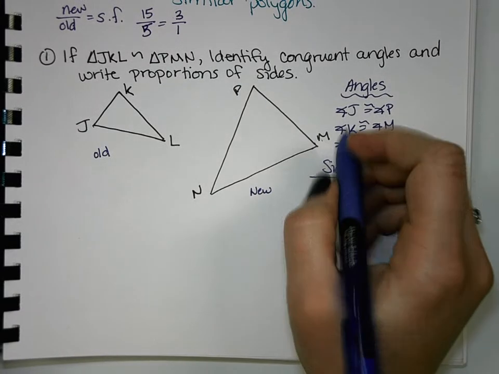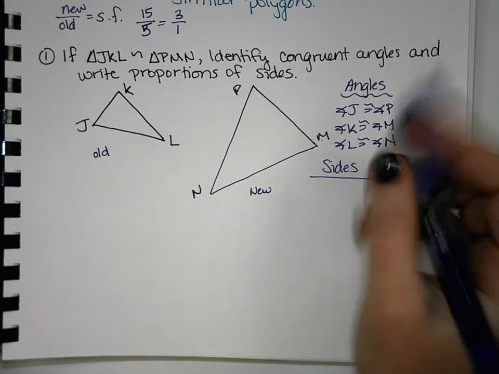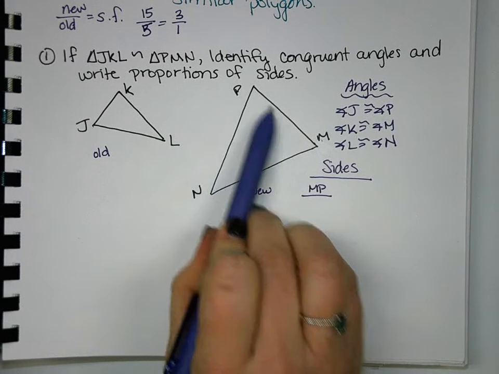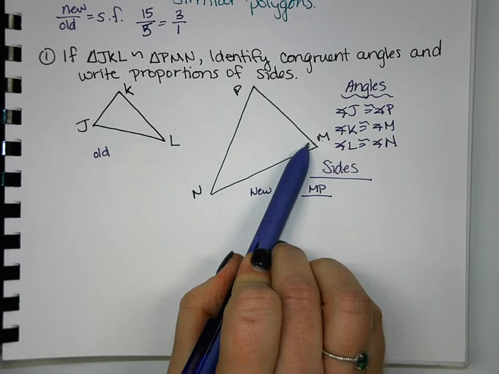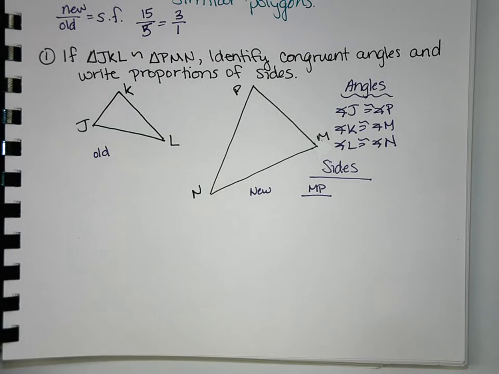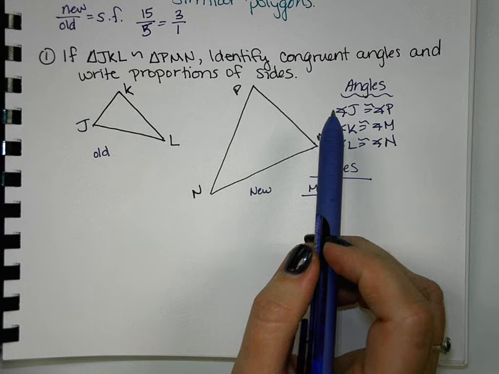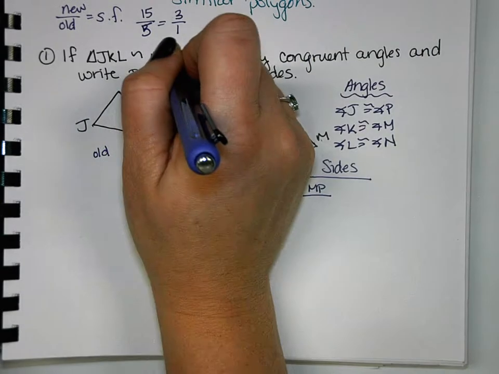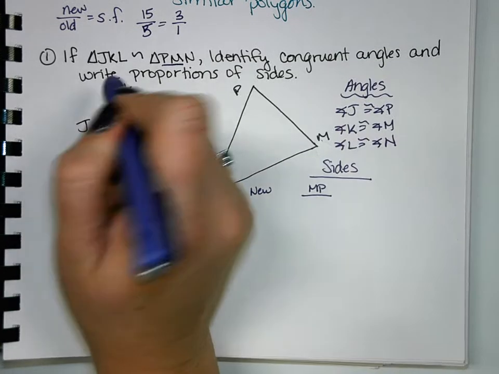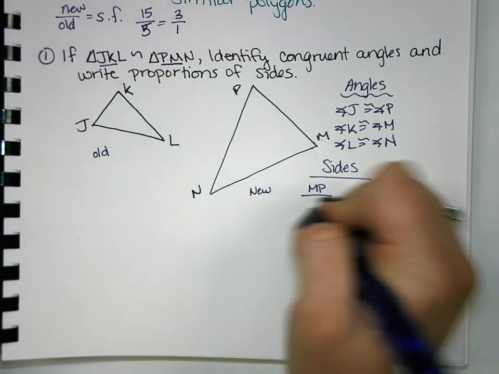Okay, so new figure. Pick a side. Any side. MP. So what's the corresponding side to MP over here? K. Ooh, no. L. Okay, so let's look at PM. That's the first two letters. So what does it have to match up with over here? JK. The first two letters, JK.